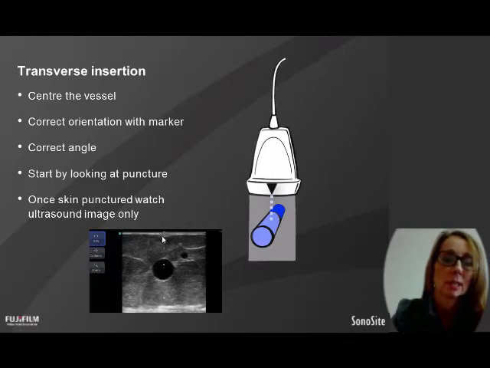You watch your needle tip, and once you've punctured, you don't look at your skin anymore, you look at the image and you watch. As your needle goes down, move your probe forward, move your needle forward, move your probe forward, move your needle forward, and that way you can watch your needle tip all the way till it starts to puncture the vessel.